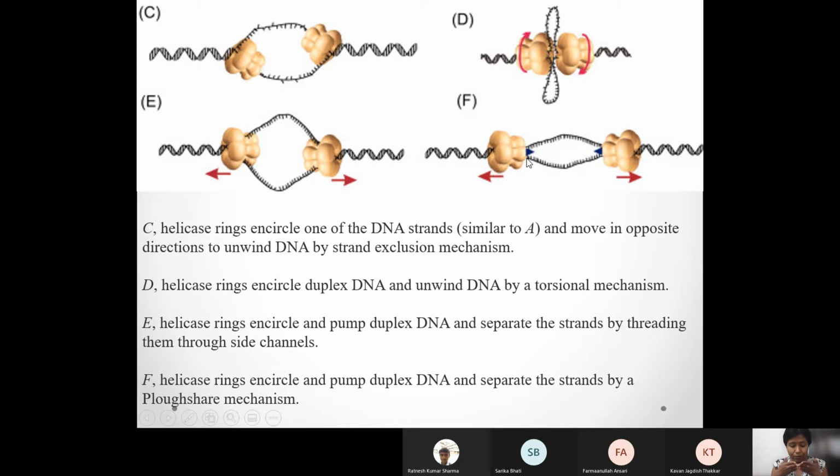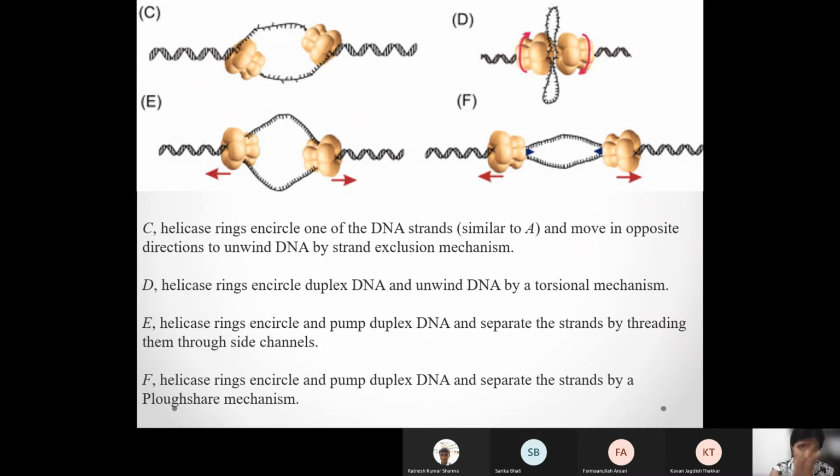It's as if the double-stranded DNA is getting into this hexameric ring, but there is something pushing the two strands apart, like clawing the two strands apart. So there are different ways by which people have tried to envision how these hexameric structures could work on double-stranded DNA, or it could also be double-stranded RNA. These are just cartoon representations of all the different ways it could work.